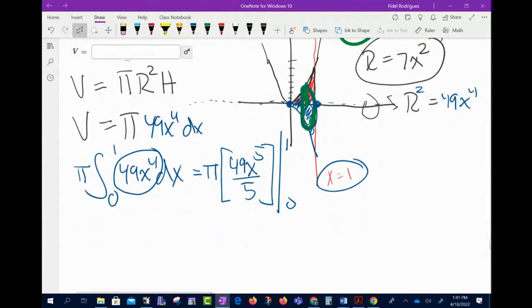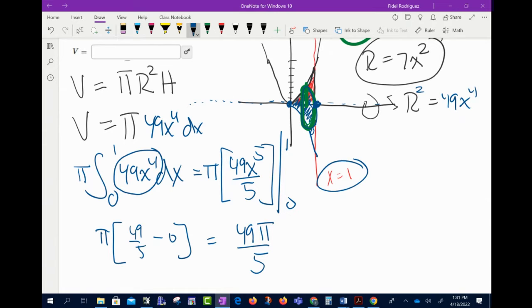Everybody agree the first time we're going to plug in a 1? 1 to the fifth is 1, times 49 over 5. Just like that. What happens when I plug in 0? We get 0, so minus 0. So my answer here, y'all, is going to be 49 pi over 5.